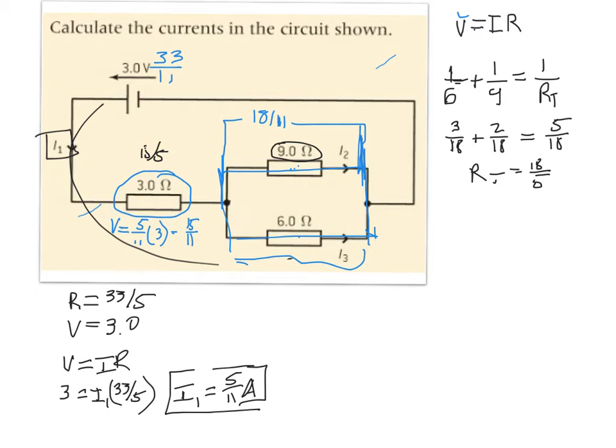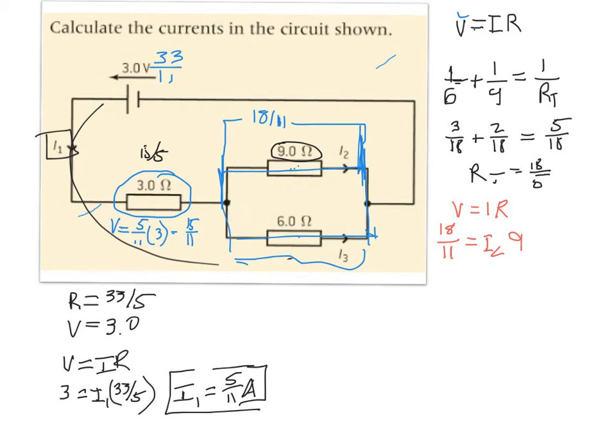That means I can solve both of them fairly easily now, because now I can do the 9 ohm resistor, and I can say that the potential difference, 18 over 11, is equal to V equals IR. You can see I'm using the same formulas over and over again. The current, I2, is what I'm looking for. The resistance there would be 9.